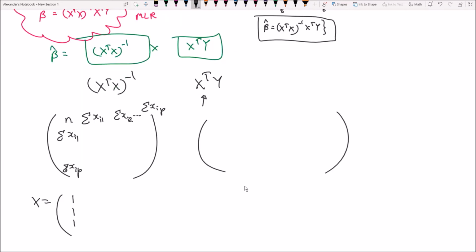We're just going to talk about a model where we have x1 and x2 as our features in our regression model that we're interested in. So we've got x11, x12, x21, x22, x31, and x32.